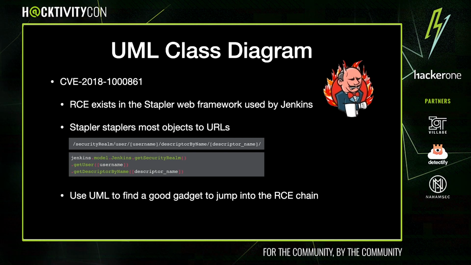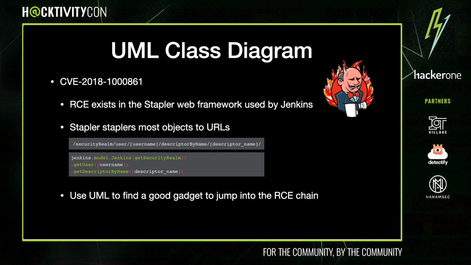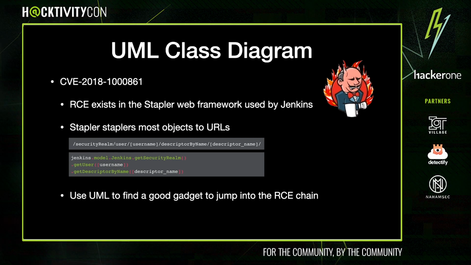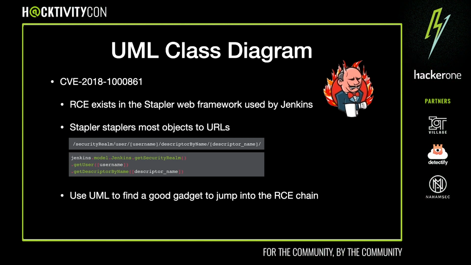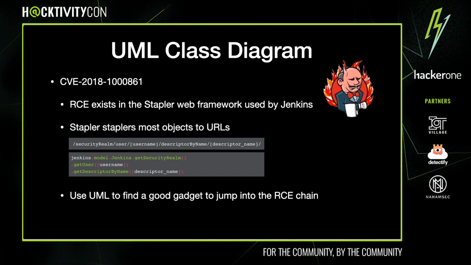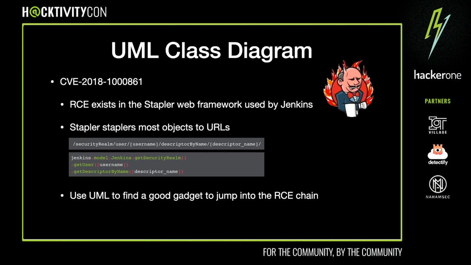A typical case that I come up with is CVE-2018-1000861, a Jenkins remote code execution vulnerability. The rationale of this issue is the loose constraint set while doing routing matching and dispatching.